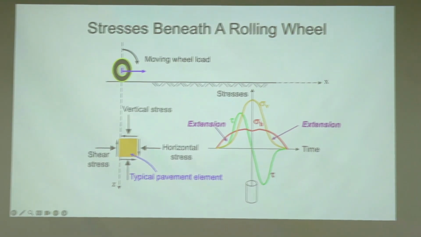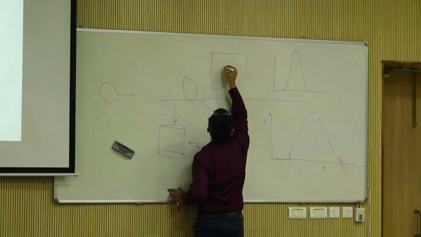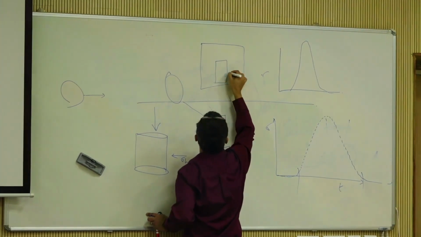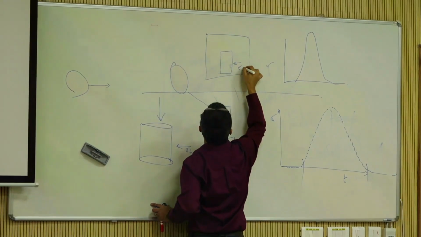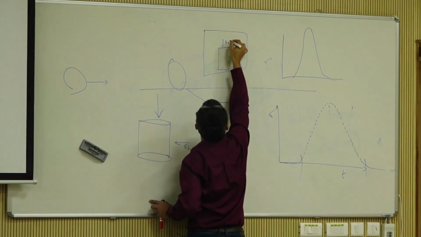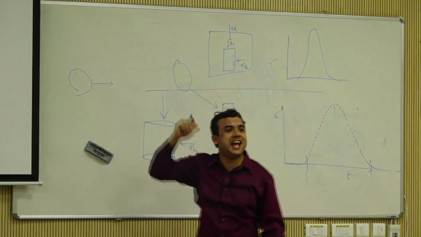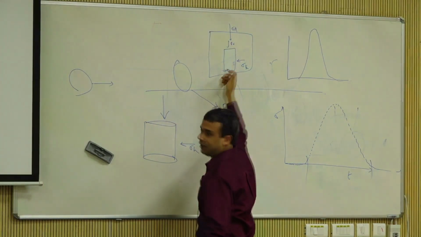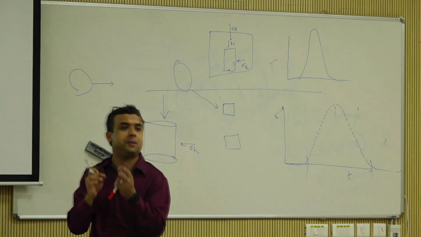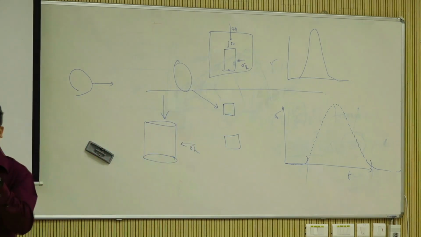Let me draw one more thing for you. This is the chamber and this is the sample, and this is sigma H and this is sigma V, because sigma V has a deviator component as well, right? What is the mathematical relationship between sigma H and sigma D in terms of inequalities?